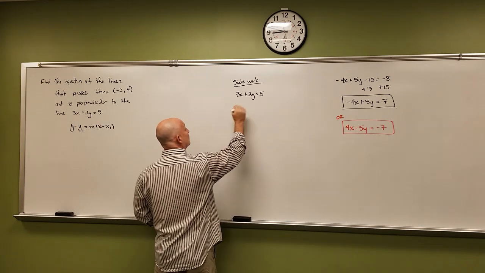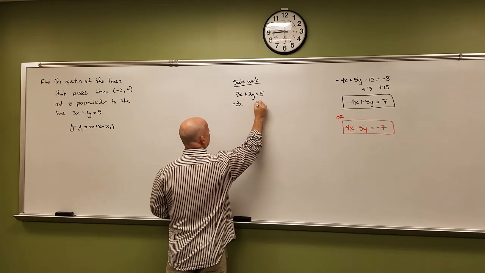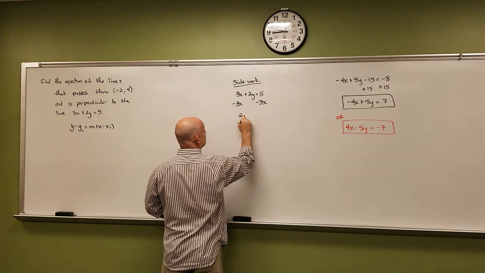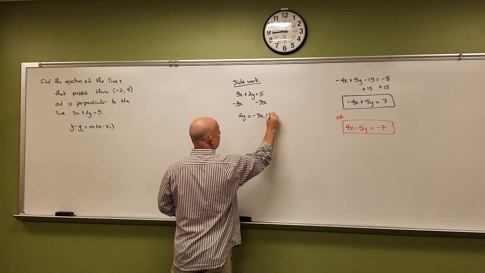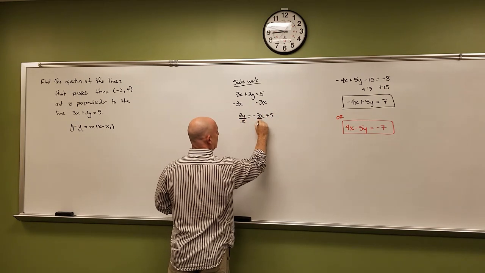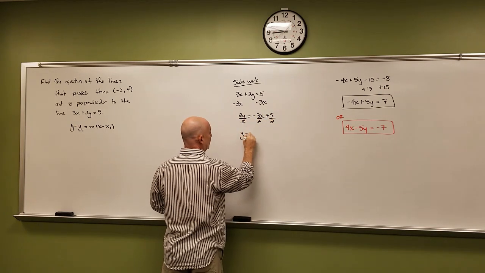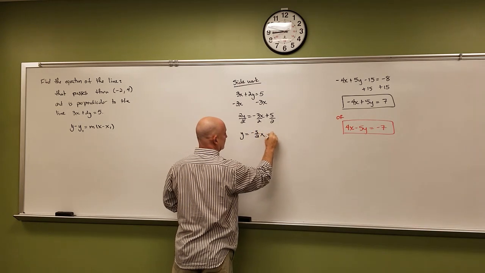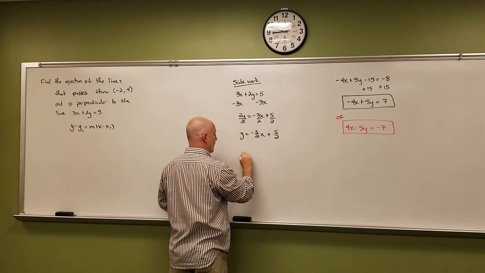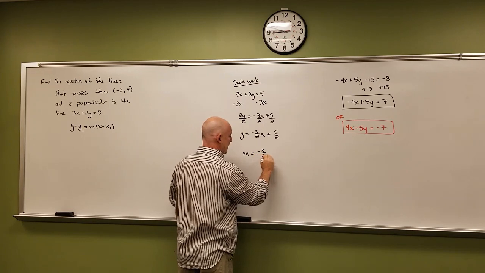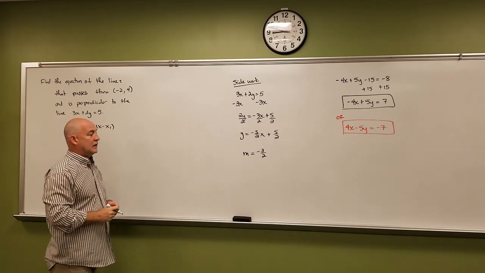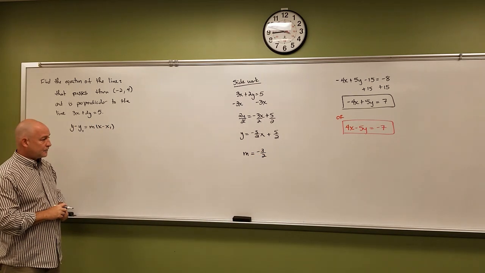So let's put this into slope-intercept form. Very quick and easy to do. I get 2y is equal to -3x plus 5. Dividing by 2, we get y is equal to -3/2 x plus 5/2. Just by looking at this, I can see the slope of this line is -3/2.